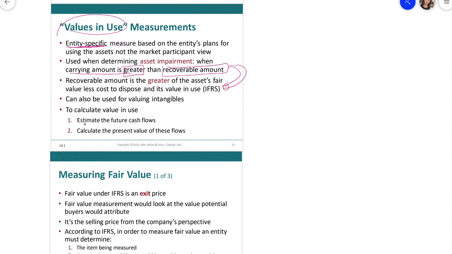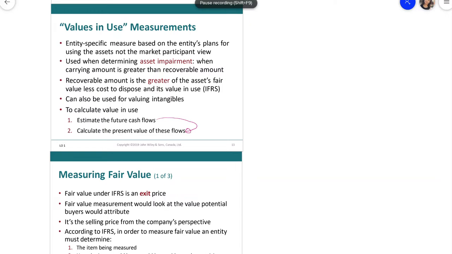Now, how do we calculate the value in use? Sometimes it is given to us. For some of the assets, the carrying value becomes the value in use. And sometimes, when we have a future cash flow, we calculate the value in use by estimating the future cash flow and calculating the present value of these cash flows.